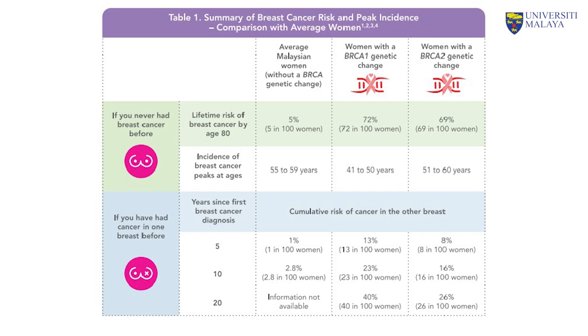So here in the blue section, we have information for people who have had cancer. In order for them to understand that their risk as BRCA1 and BRCA2 carriers is increased compared to average Malaysian women without the genetic change, the figure here shows that at 10 years after the diagnosis, the risk is 2.8% in people who do not have the genetic risk, compared to 23% in people with BRCA1 and 16% in BRCA2.